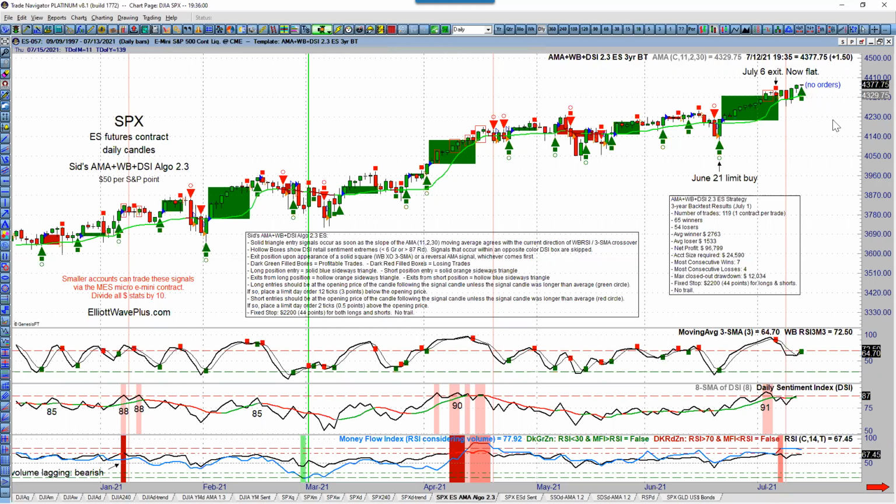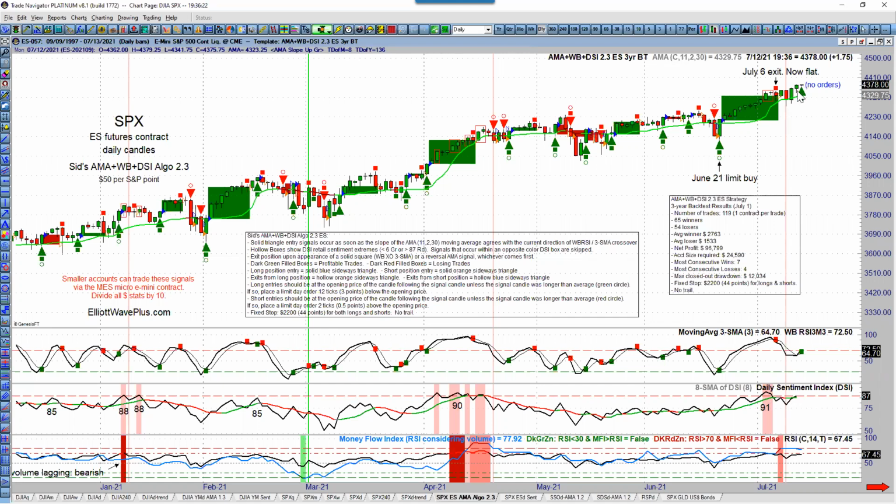They continue to chase. They really don't care how overbought something is or overvalued. Now, this one won't take a new long signal if the DSI is above 87. We don't know how the DSI is going to come out until after the Tuesday close.